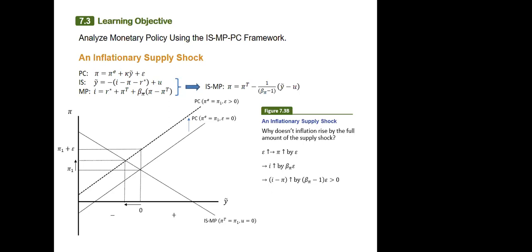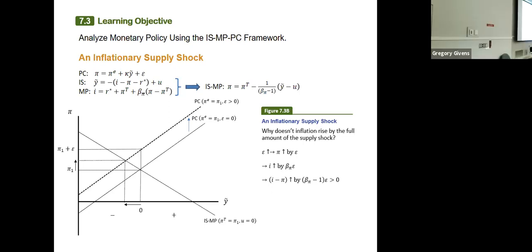I think the nominal rate, right? That's right. And it's because beta pi is bigger than 1. The Fed is changing the nominal interest rate more than 1-for-1 in response to a change in inflation. And so the real interest rate goes up. Perfect. Now, if the real interest rate goes up, what then happens to the output gap in the IS equation?